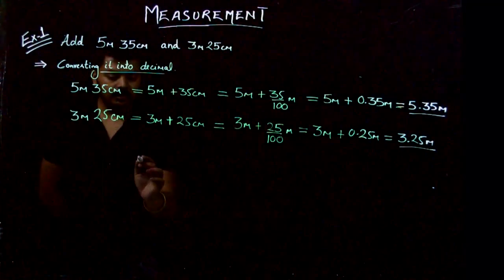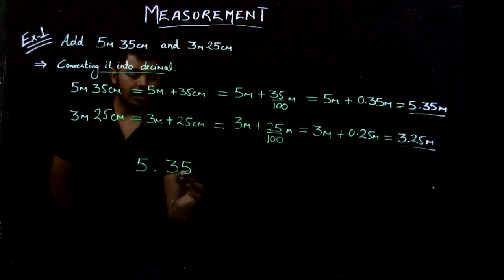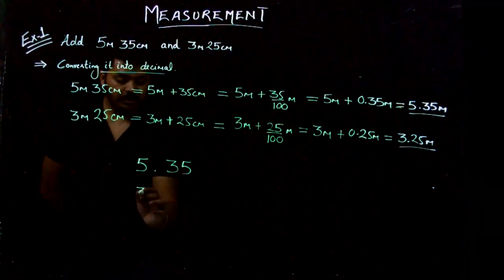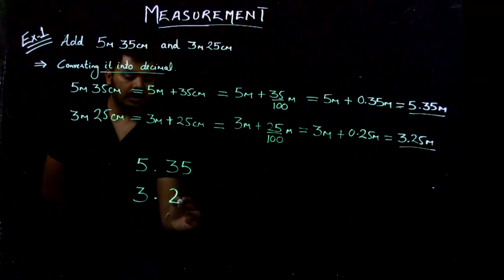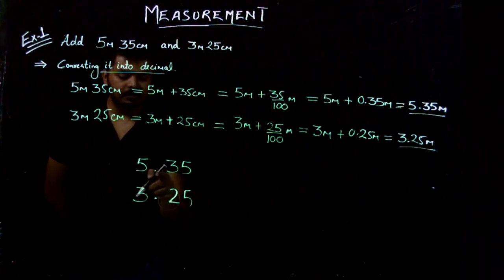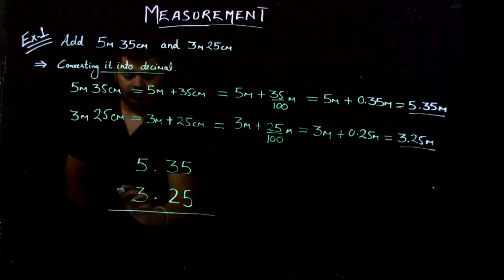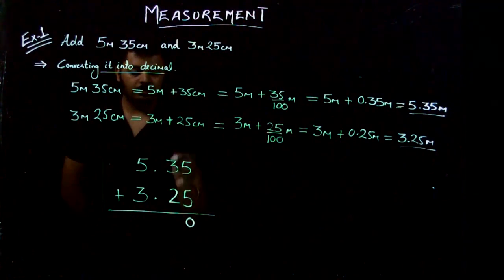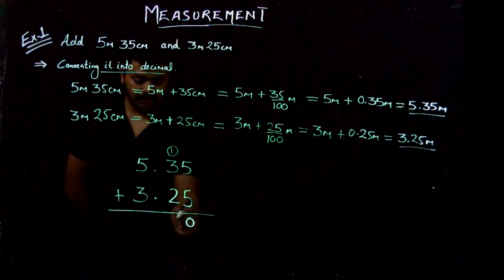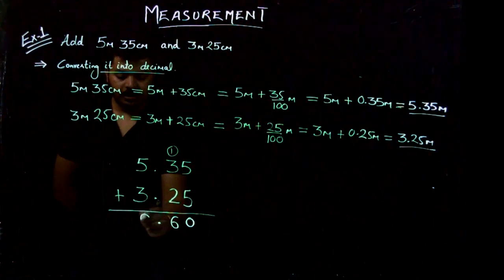Now adding 5.35 and 3.25. Since both are like decimals and decimals come under the decimal column, first adding the decimal part, 5 plus 5, 10, 1 carry over, 1 plus 3 plus 2 is 6, place the decimal, now 5 plus 3, 8.